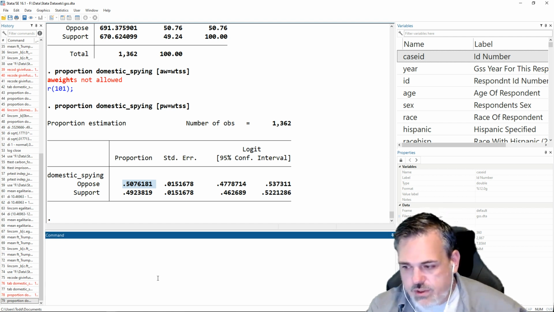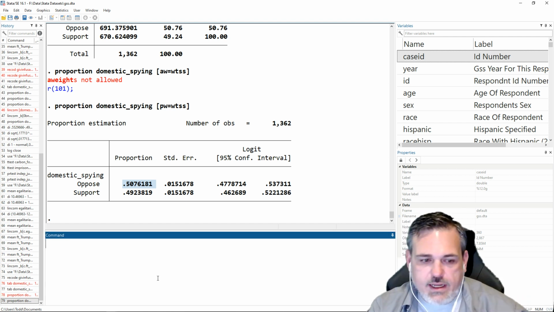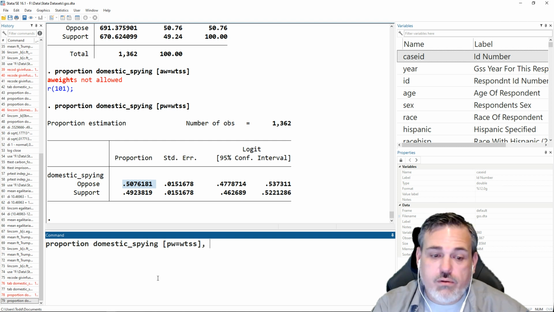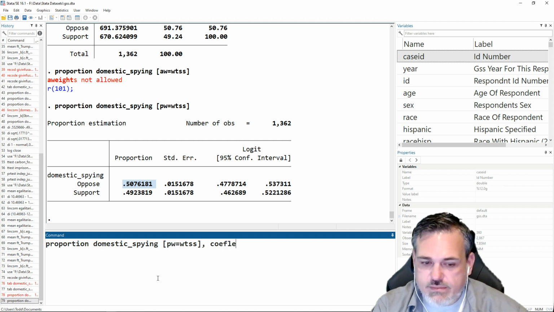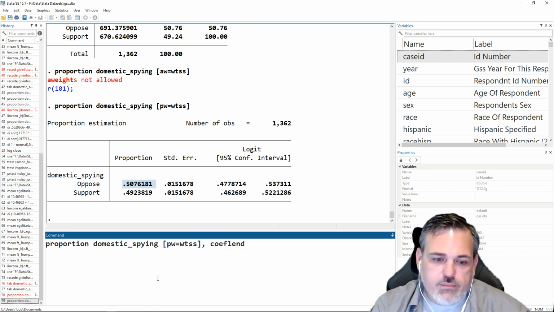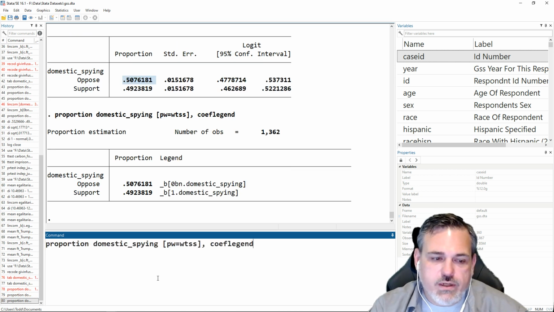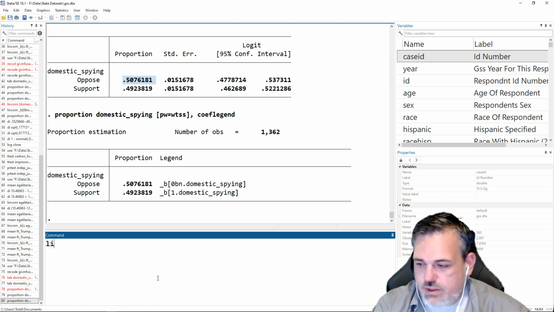So the way in which we do that is again through the lincom command, but first we're going to have to add the coefficient legend again, because we just have to each time. All right, perfect. So we're going to examine whether oppose is statistically different from 0.5.